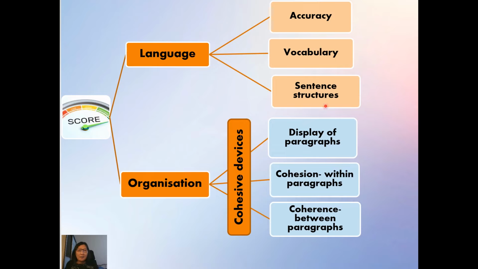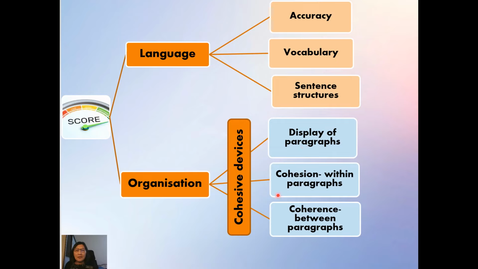The other part is the organization, where you display the paragraphs. As we know, in the essay, we have 3 main points, and we have an introductory paragraph as well as a concluding paragraph. So altogether, we are looking at 5 paragraphs in total.